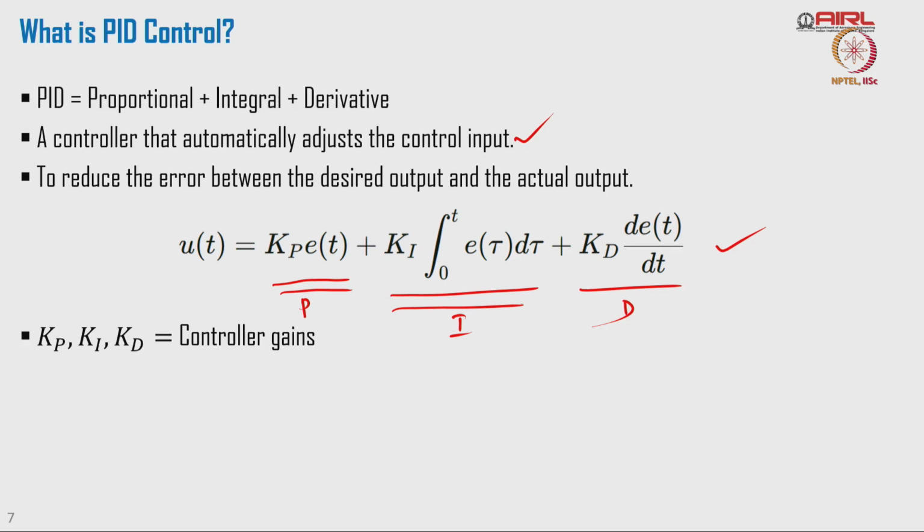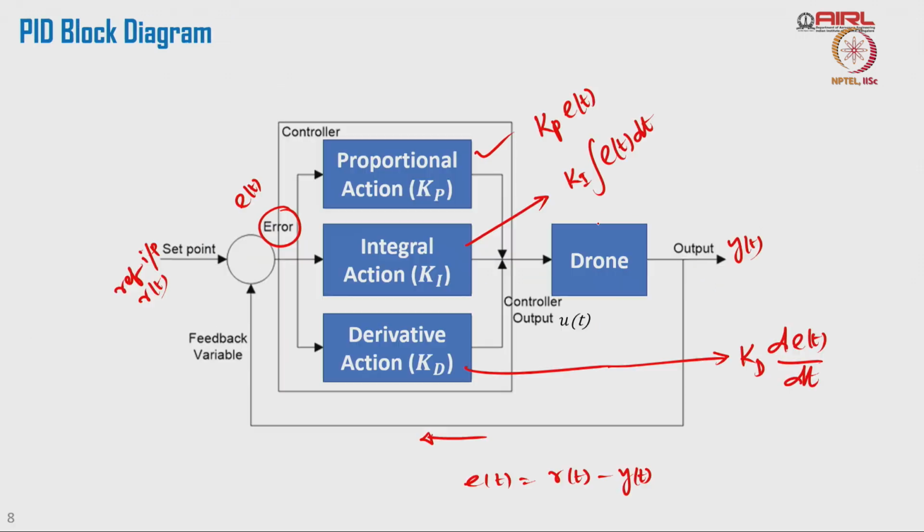The error is multiplied by Kp, the integral of the error is multiplied by Ki, and the derivative of the error is multiplied by Kd. The summation happens here, and what does it generate? It generates u(t).